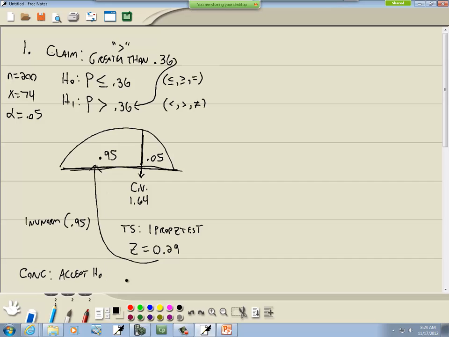Now H naught and H1 are opposites of each other, so if I accept H naught, that means I'm going to reject H1. And our claim matches H1, so whatever we say about H1 is what we say about our claim. So we'll reject our claim.